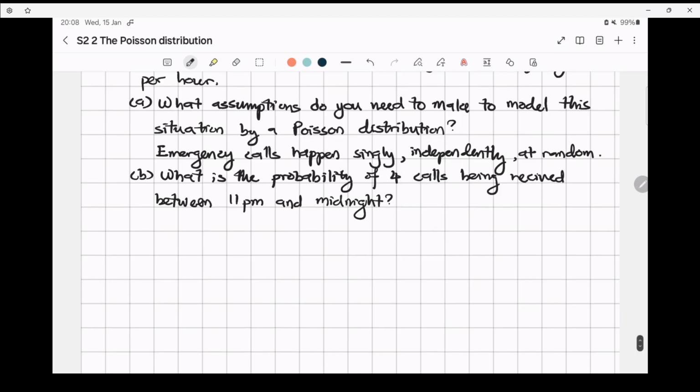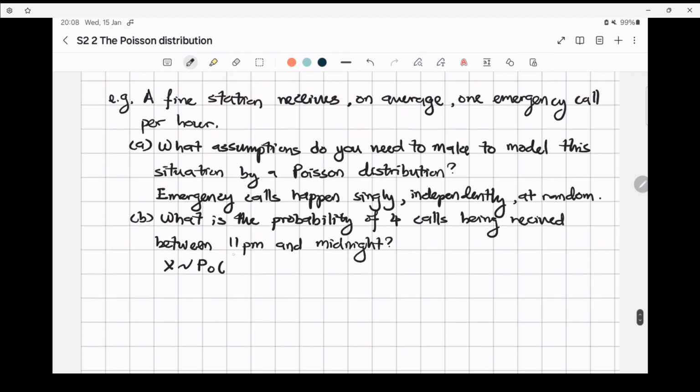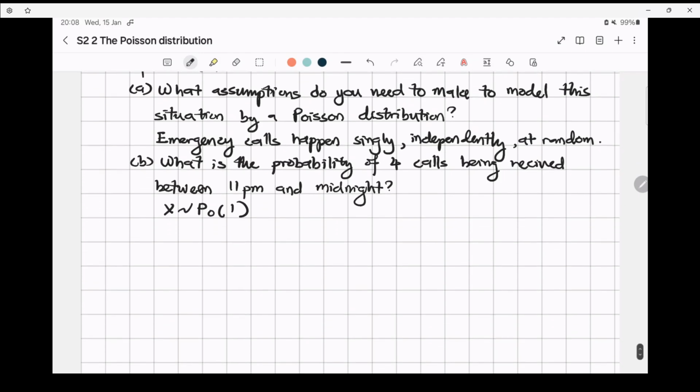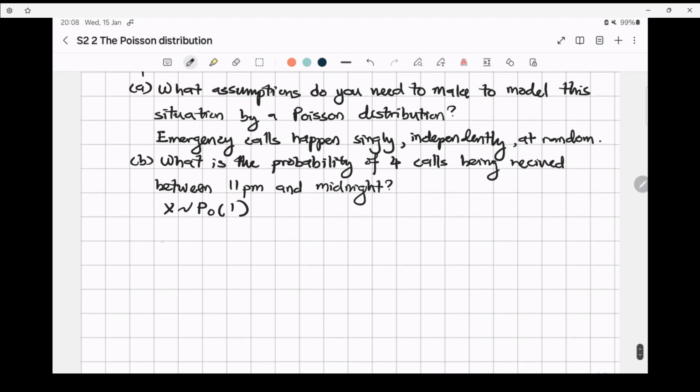So you can safely model this as a Poisson distribution. You receive 1 emergency call per hour, so you just write 1. So P(X = 4). You want to find the probability of receiving 4 calls.